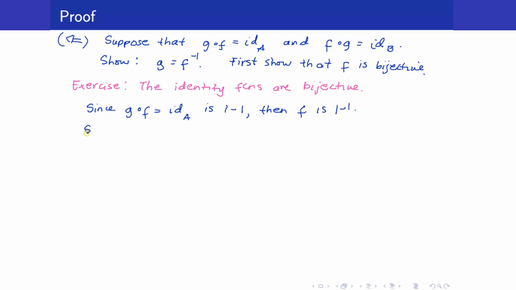Correct? Moreover, since F circle G is onto or surjective by our theorem also in lecture 40, the second function is also surjective.